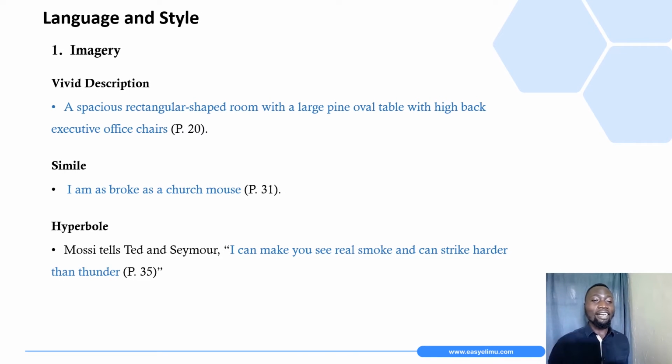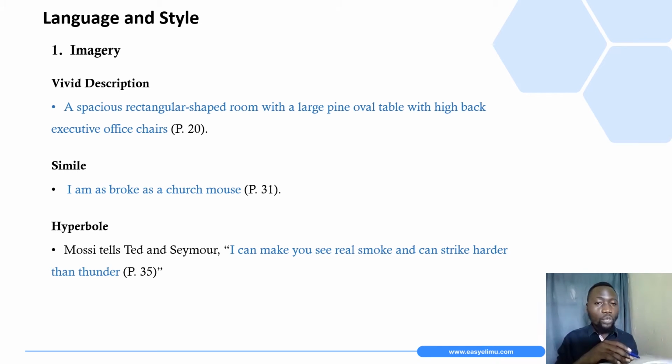Under imagery, we start with vivid description. Looking at the beginning of scene 2, there is how the mayor's boardroom has been vividly described. Sorry, I'm having a problem opening the pages.